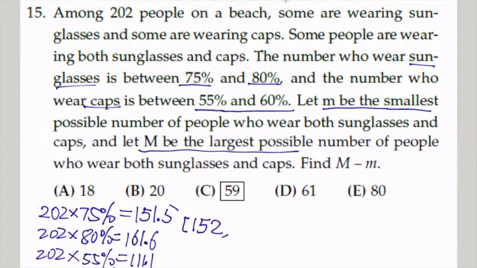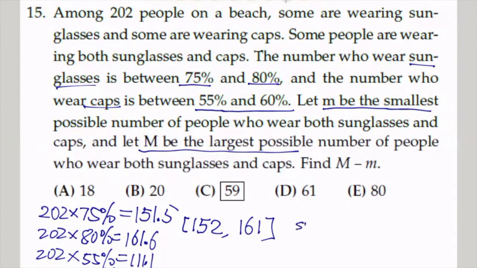So the upper boundary for sunglasses is 161. You see that for 151.5, we use the ceiling function. For 161.6, we use the flooring function, because the number is between 75% and 80%.